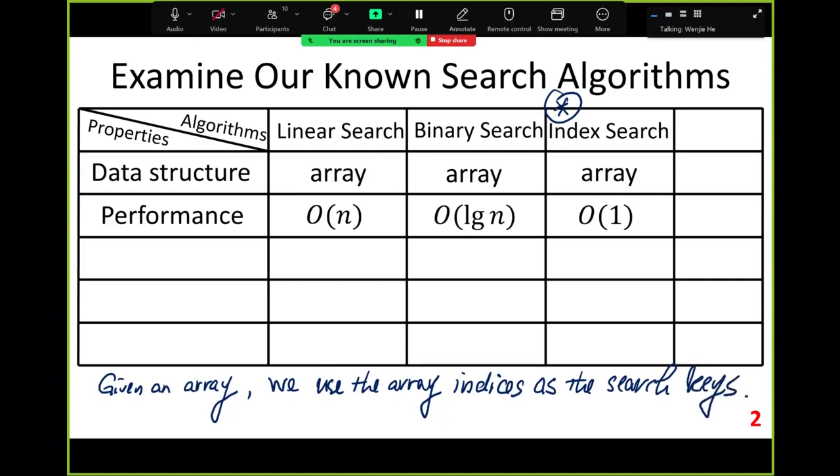Okay, that's simple. Array indices as the search keys, so they're unique, right? Array indices are unique. And it is fast, right? Because given an array index, you can find the data immediately. Because you know the location, you just go there and read data from that location immediately. That's the so-called index search.